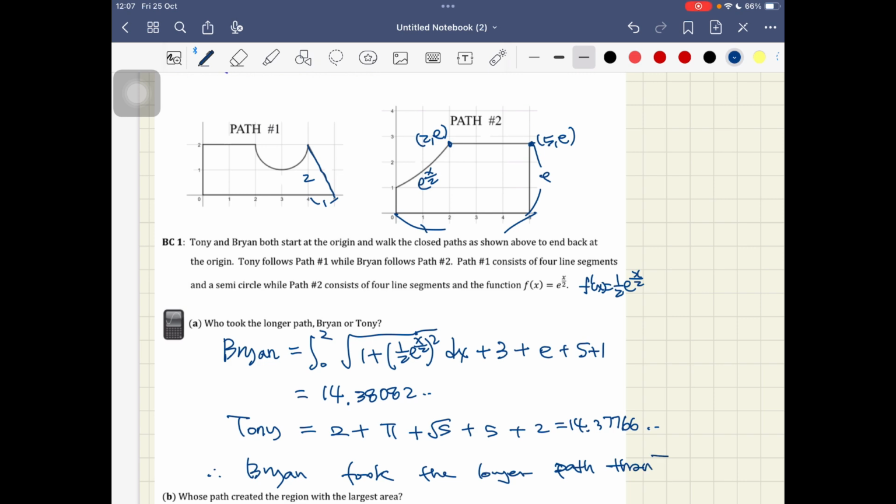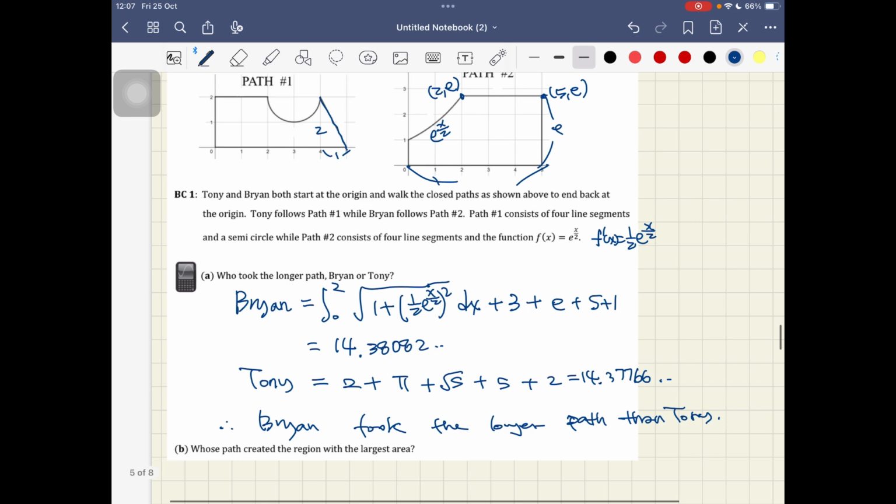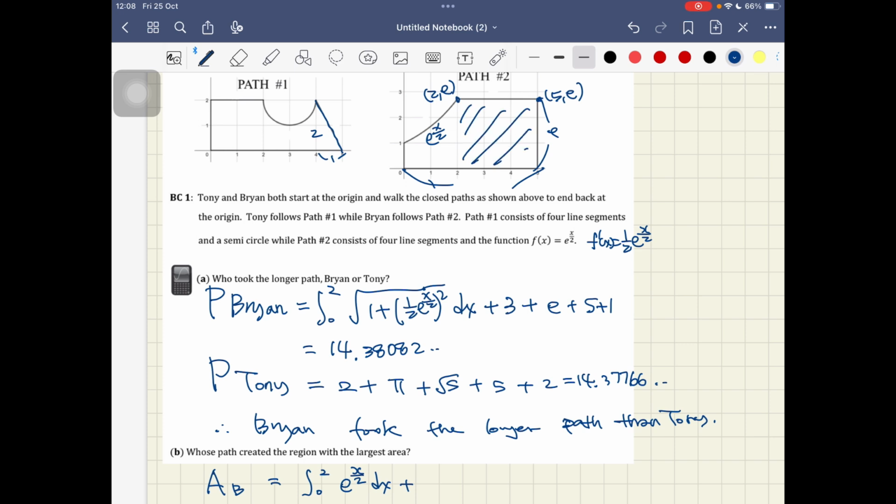Then Tony, whose path creates the region with the largest area. So let's say this is the path, like perimeter and area for Brian. The integral from 0 to 2 of e to the power of x over 2 dx plus, oh, this is just a rectangle, so we can add 3 times e, 3e.